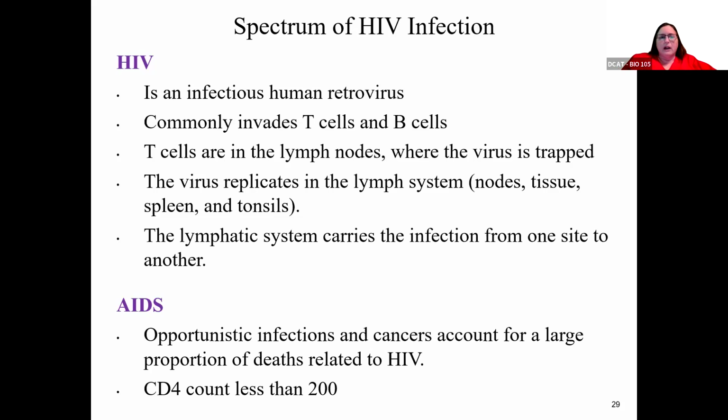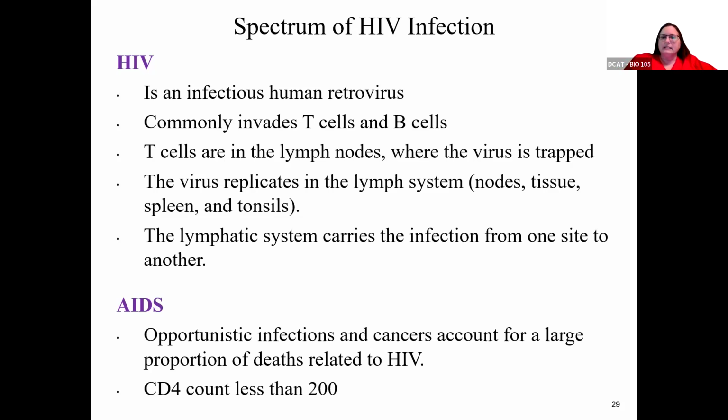So the virus replicates within the lymph nodes, the lymph system, okay? So you have the lymph nodes, the tissues of the spleen, and the tonsils, okay? That is all of those things or organs are part of the lymph system.